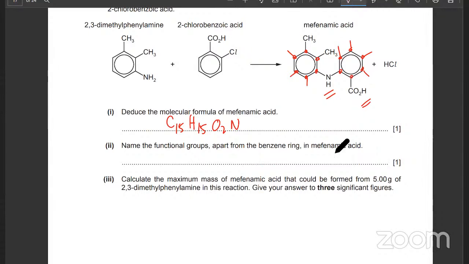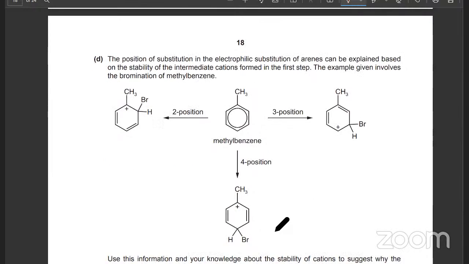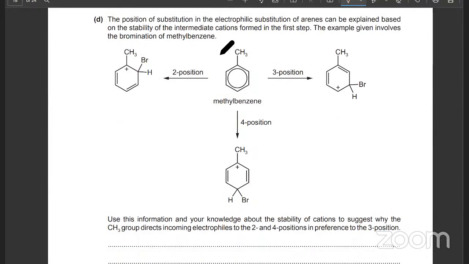Apart from benzene, it's just a 1 mark question. Now the position of this: it's again the same carbocation stability question. You get a lot of this question. Which carbocation is more stable, the one bonded to more carbon chains or fewer carbon chains?